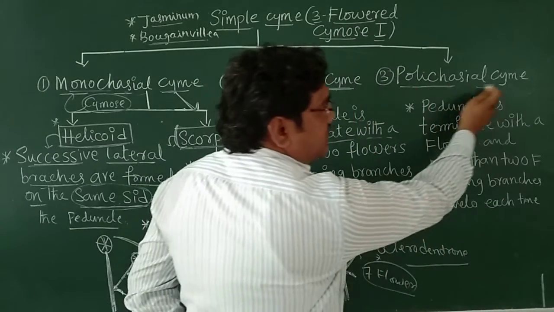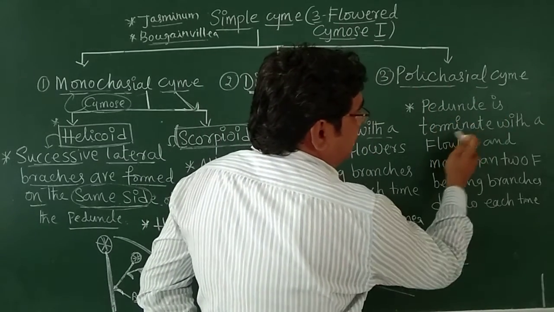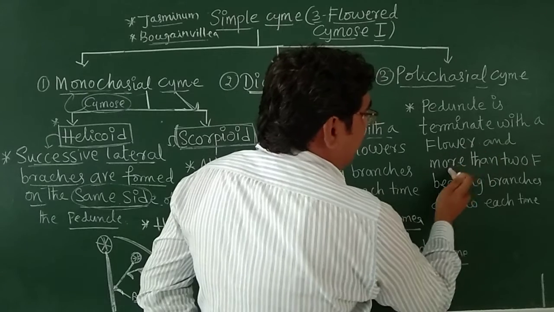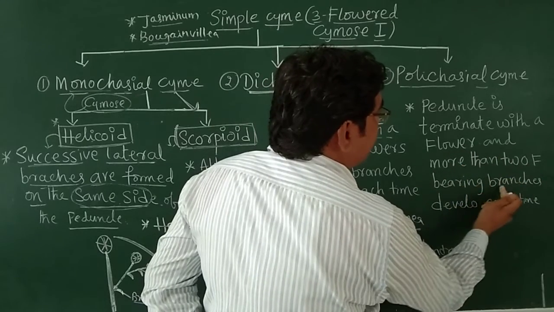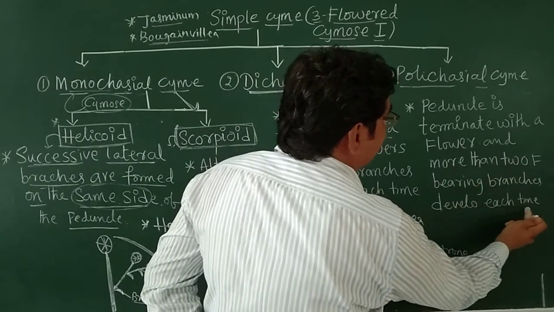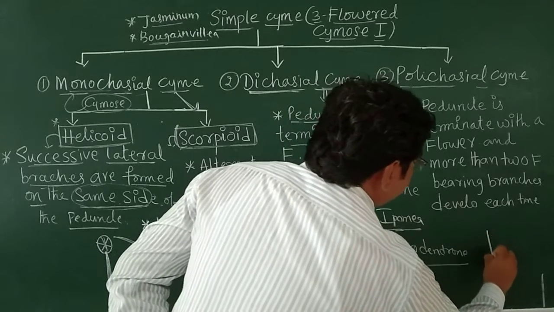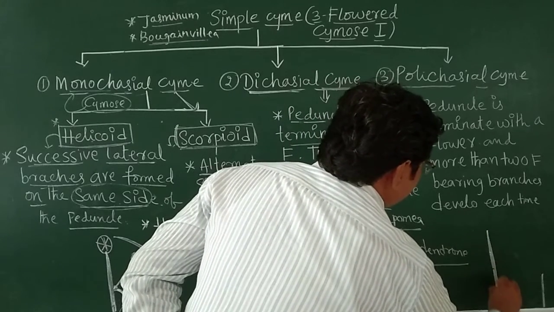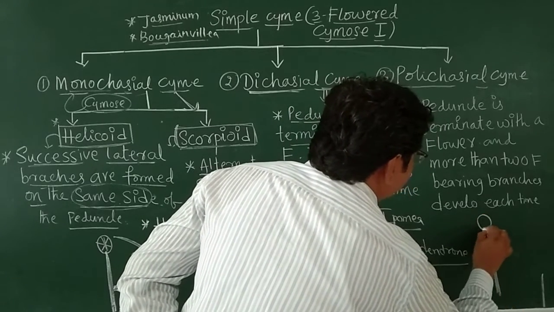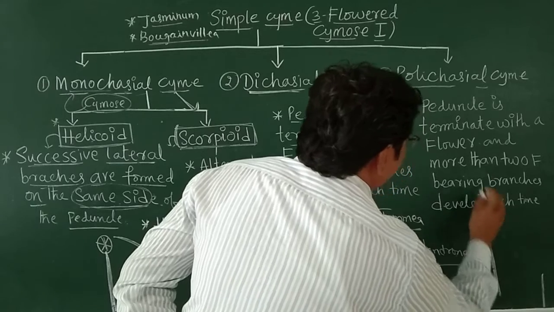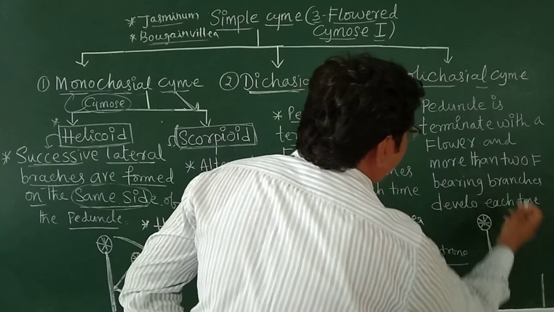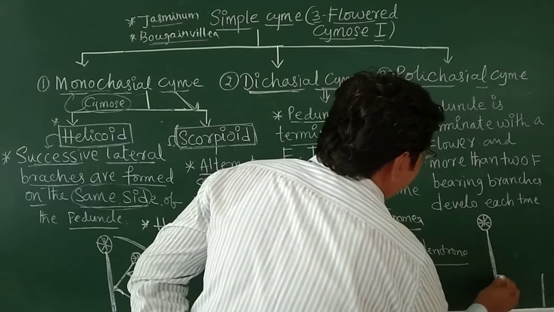In polychasial cyme, the peduncle is terminated with the flower and more than two flower-bearing branches develop each time. So this is the peduncle. This peduncle ends with the flower. Again, more than two flower-bearing branches. This is the bract.